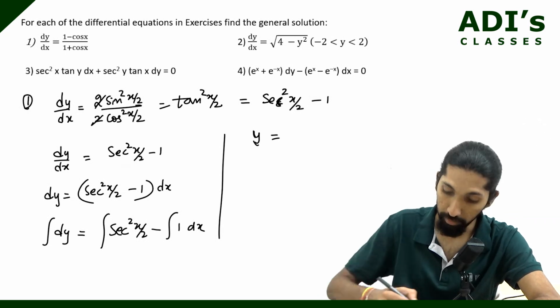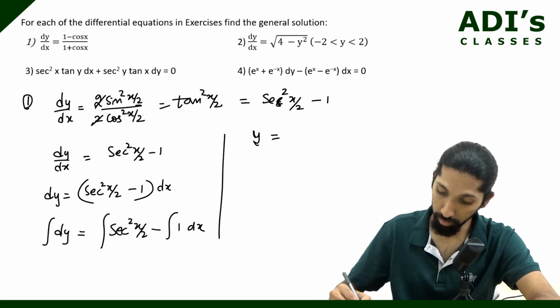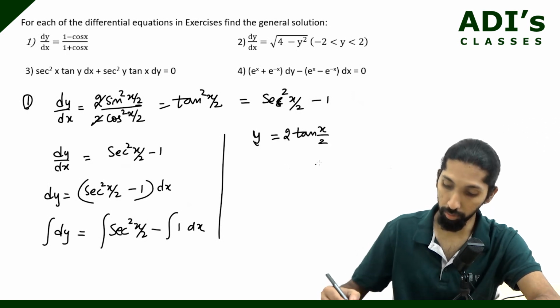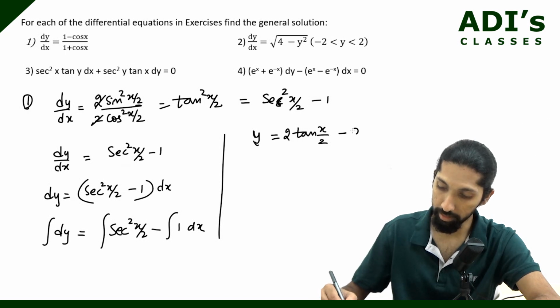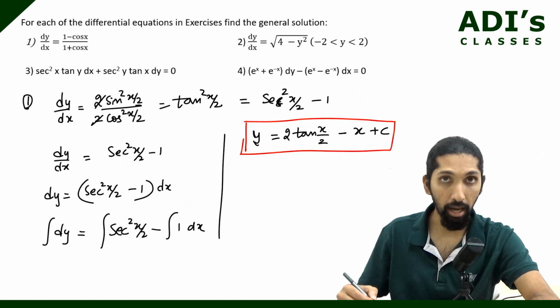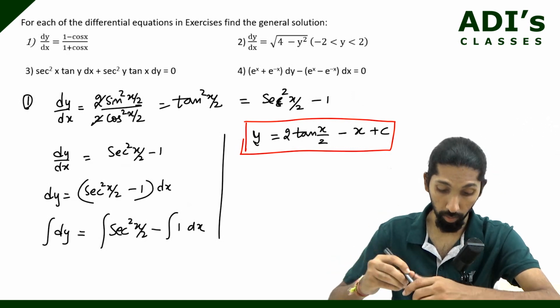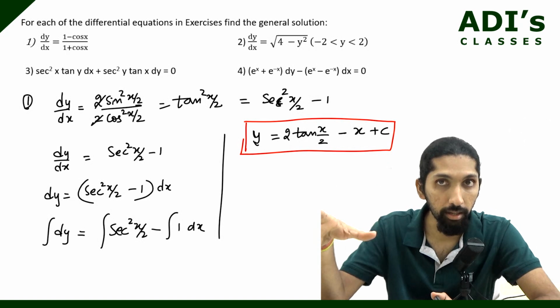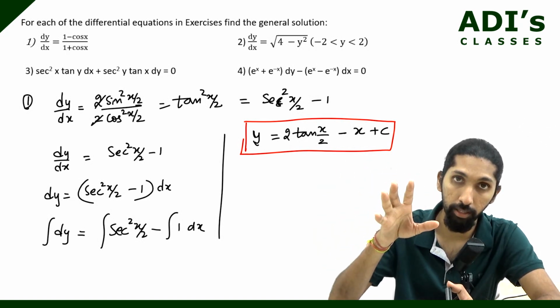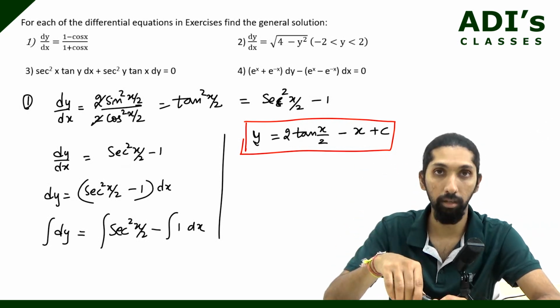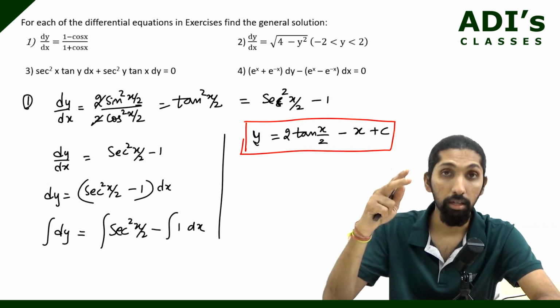So this is going to become tan of x by 2 into 2, so 2 tan x by 2 minus x plus c. So this is going to be the final answer for the first question. Fair enough? So for the first one, simplify, then apply trigonometric functions, then solve it. This is how you are going to do it. Clear? Now let's do the second question.